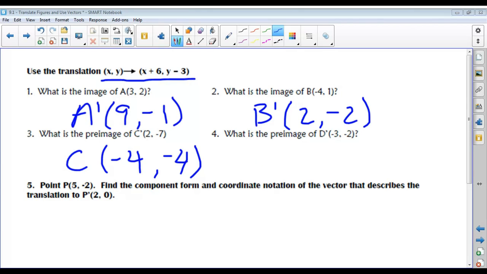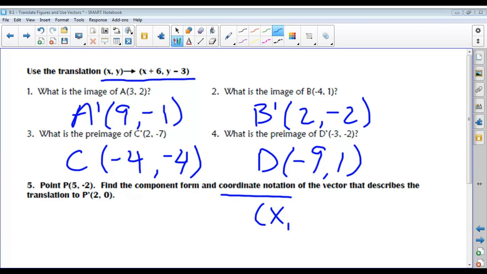So similarly on 4, what do I add 6 to get negative 3? That's negative 9. And then what do I subtract 3 from to get negative 2? That is 1. Okay, number 5, the coordinate notation, if we start at 5, negative 2 and end at 2, 0, the coordinate notation says we take x, y, and map it to, well, if I started at 5 and ended at 2, that means it was x minus 3.